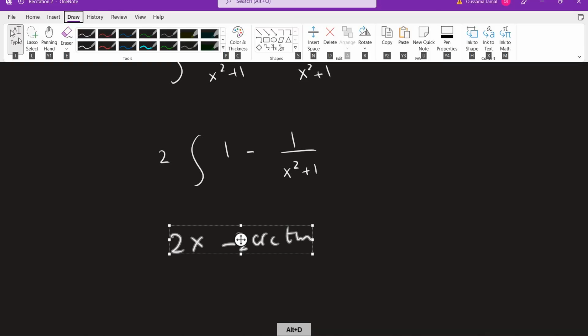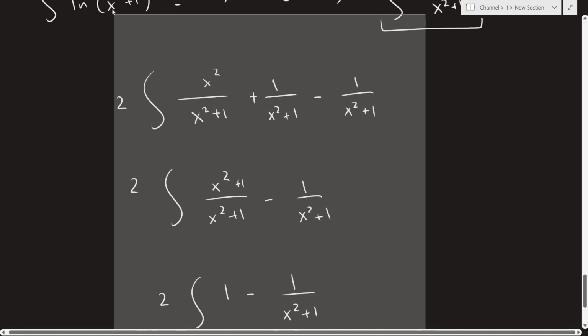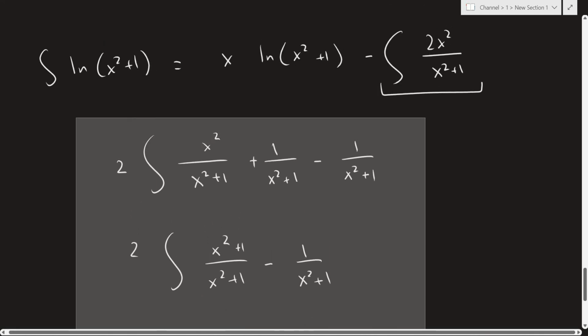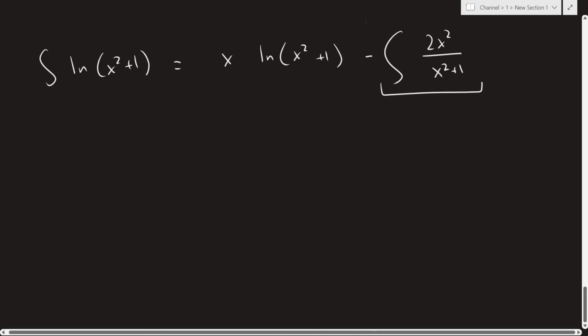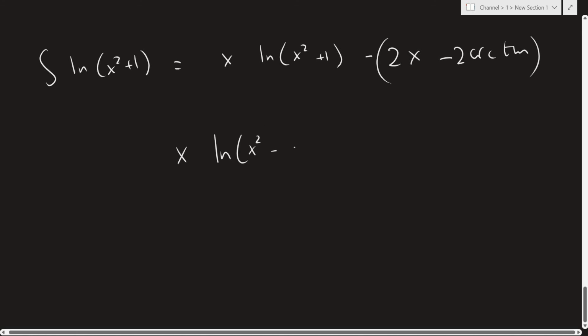Remember that the negative applies to both terms here. So the final answer will be x ln(x squared plus 1) minus 2x plus 2 arctan x plus c. And this is your answer.